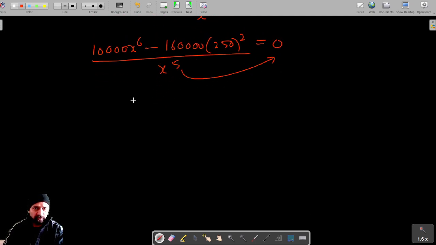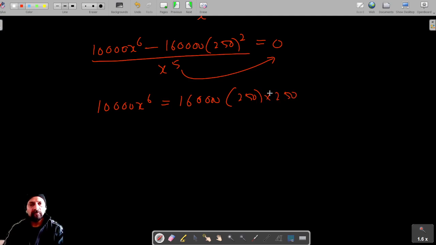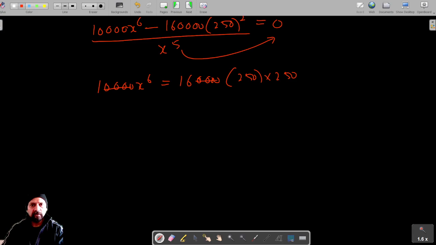So this shifted to this side gives it's equal to 0. So this is 10,000 x raised power 6 is equal to 1,60,000 into 250 into 250. So these four zeros get cancelled.